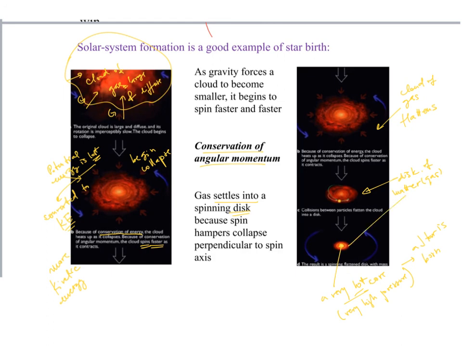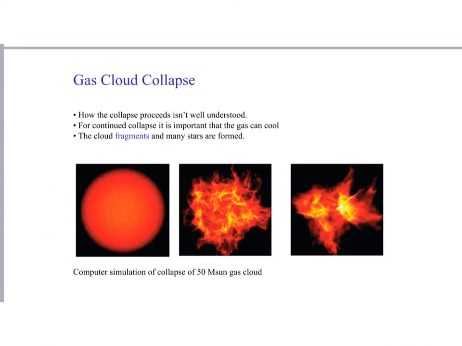The disk, this is where planets will form later on. So that's the scenario that works with pretty much all the observations we have conducted about stars and disks of matter around stars, like obviously the way the planets in our own solar system move.